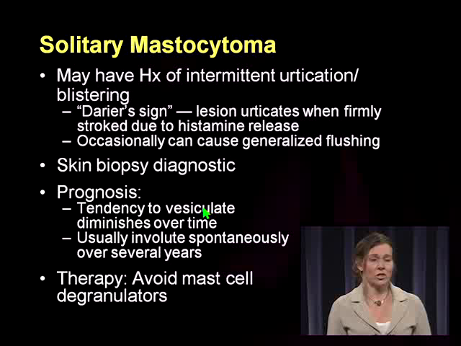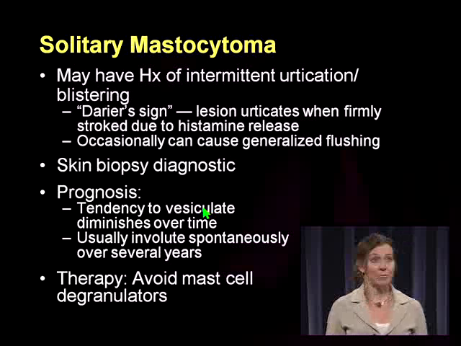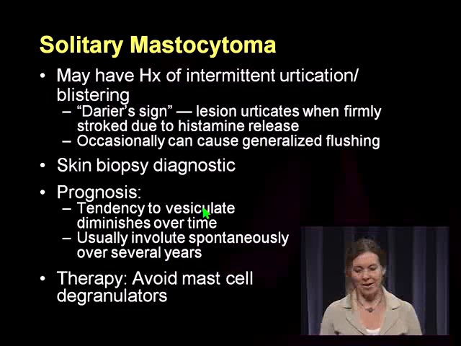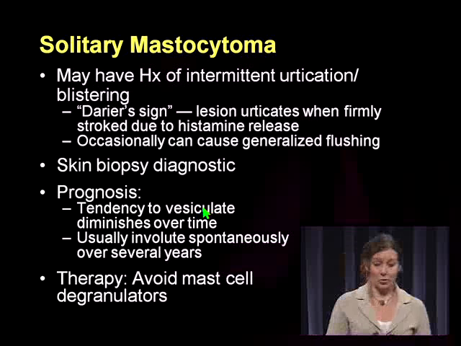If the parent comes in and says that this lesion intermittently becomes more red, more swollen, it itches more, even blisters, that should really raise your alert for the possibility that that's a mastocytoma. But again, if you're not comfortable with your clinical diagnosis, you certainly could do a skin biopsy, which could be confirmatory.